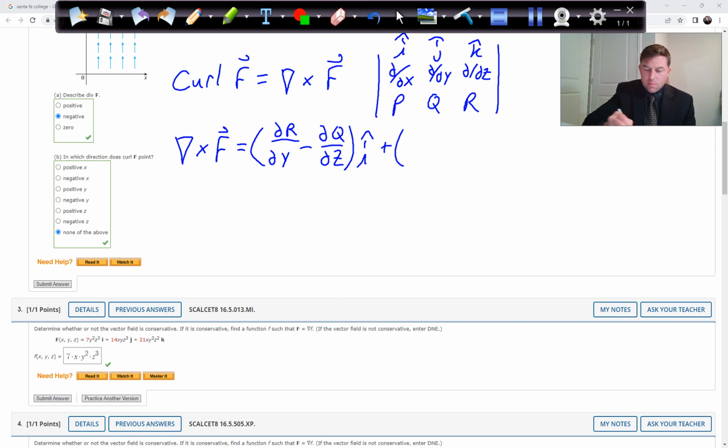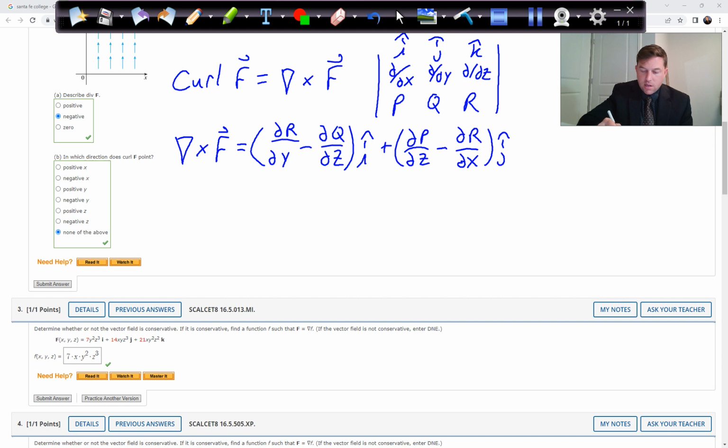Okay, so we're going to absorb the minus in this, so here's how it's going to look. It's going to be dP with respect to z minus dR with respect to x. For a cross product, it's plus minus plus, so the only way that this second term would be plus is if they switch the order on these two partial derivatives, which they did. It normally would have been dR/dx minus dP/dz, but we want to make this plus out here, so we just swap those two.